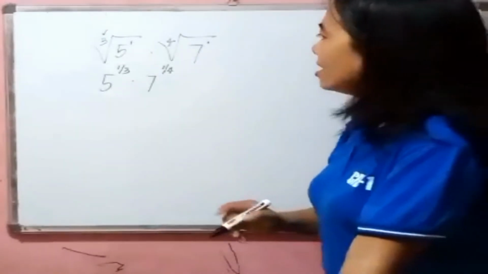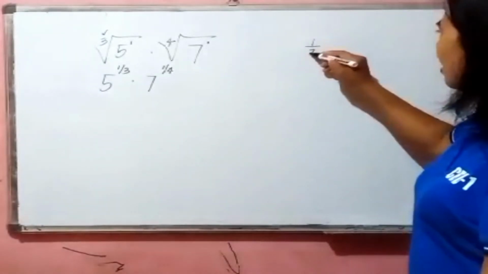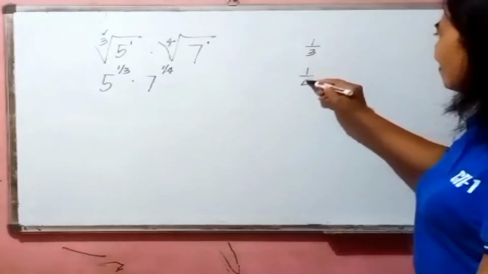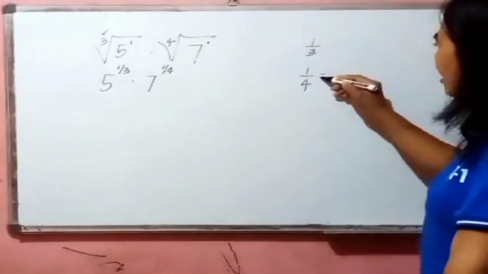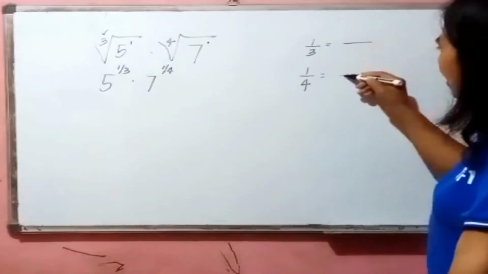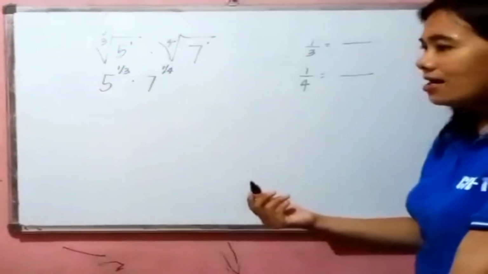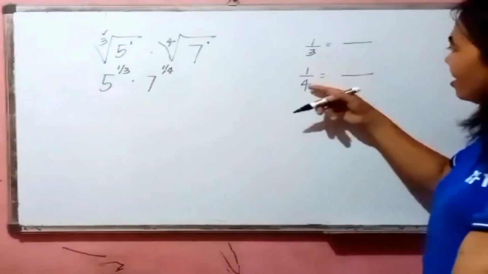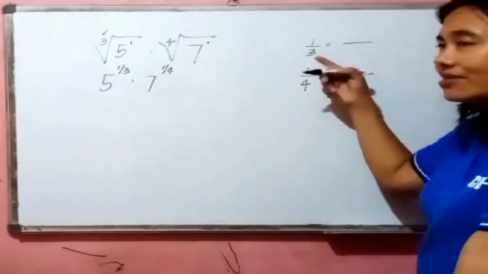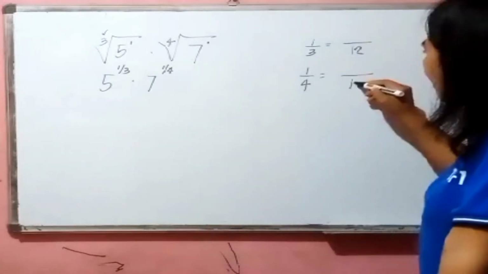Okay? Ngayon, yung 1/3, tsaka 1/4, para magpareho yung indices nila, kailangan express mo sila as equivalent fractions having the same denominators na. So 4 and 3 has a common multiple of 12. So 12 yung gamitin mo.